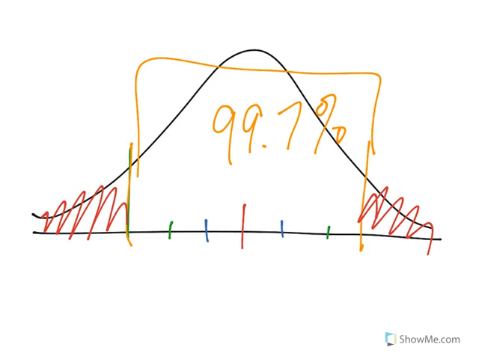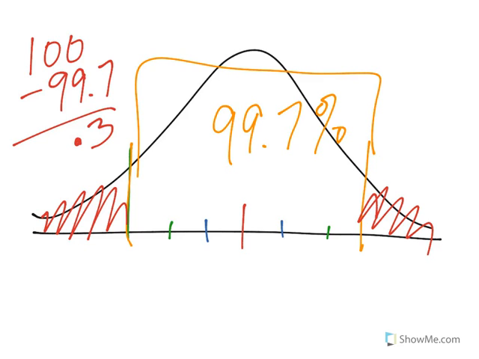All of this curve is 100%. So if we take out the orange box of 99.7, that leaves us with 0.3%. So 0.3% is in the wings. If we divide it by 2, that's where we get the 0.15% for the wings. So hopefully that will help you understand how those numbers came to be and why they make sense like that.